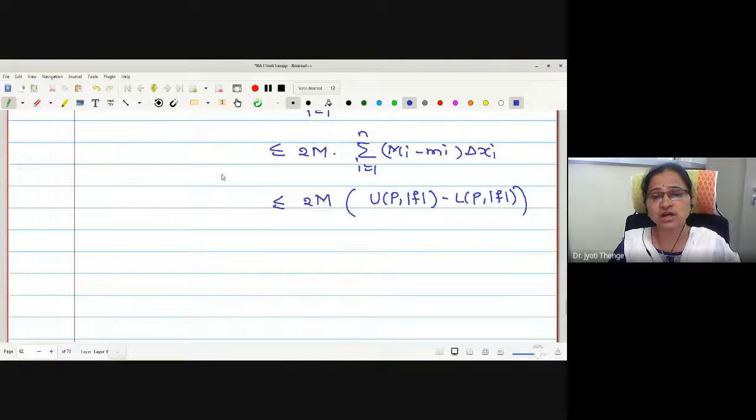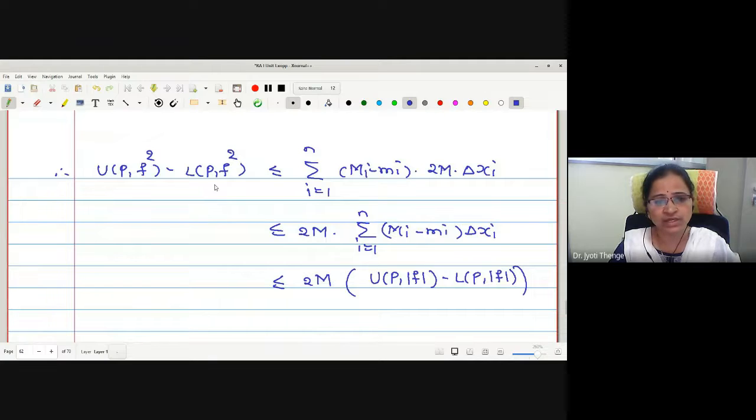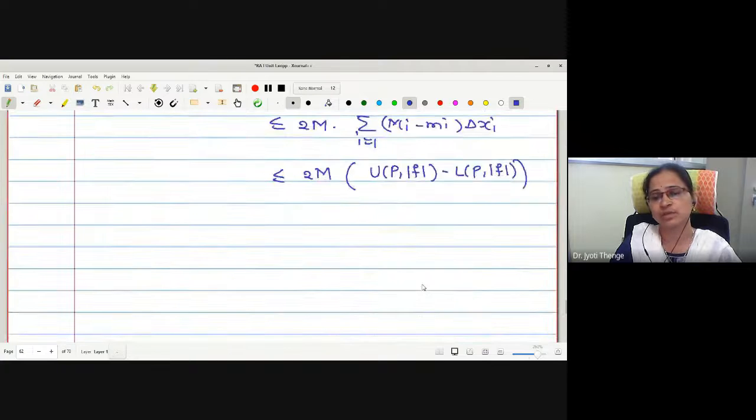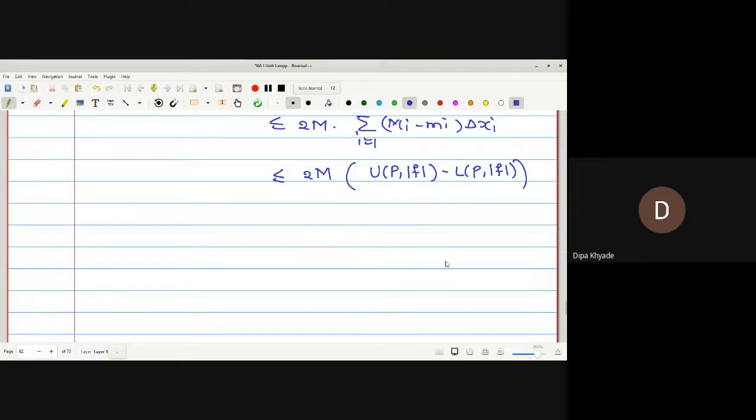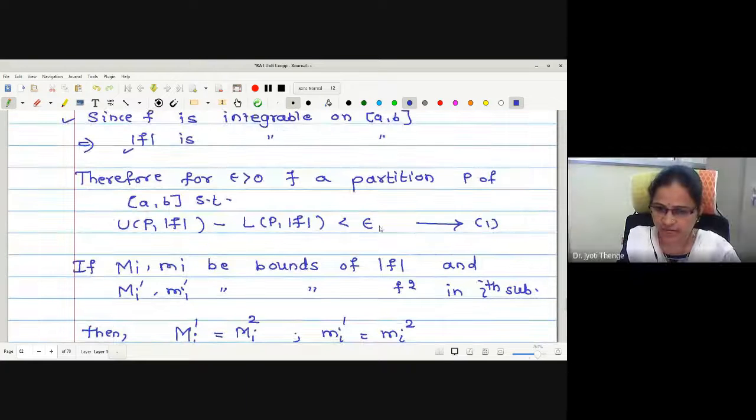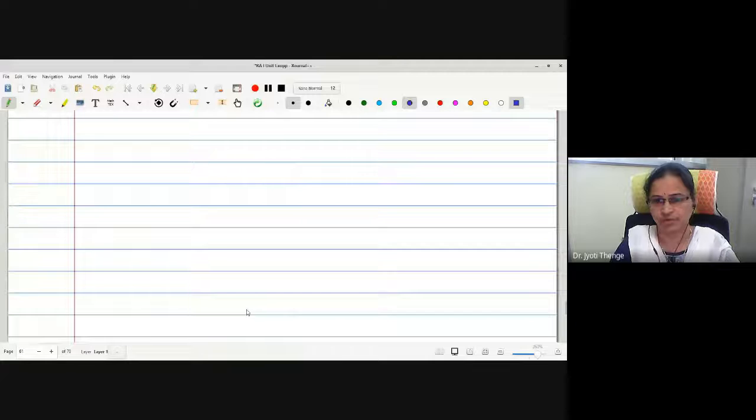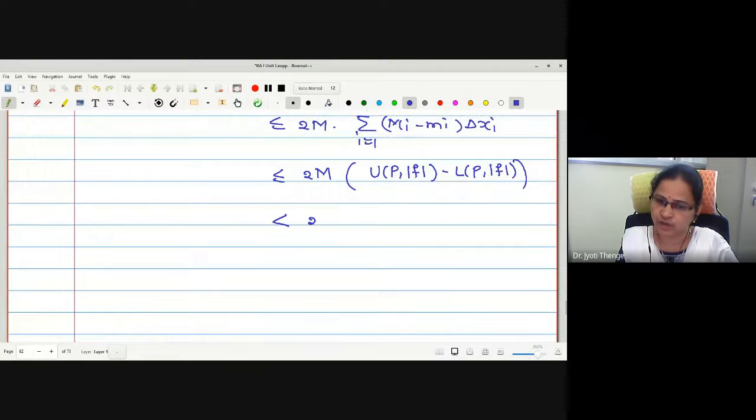But we wanted to prove this term combinedly less than epsilon so that f square will be integrable. Therefore, what should I adjust this epsilon value to, in this UP of mod f minus LP of mod f, so that it becomes less than epsilon? What should be my adjustment? Epsilon by 2M. Therefore, here I adjust epsilon by 2M. What is capital M? Capital M is the bound of the function mod f. Therefore, I can write strictly less than 2M into epsilon upon 2M.